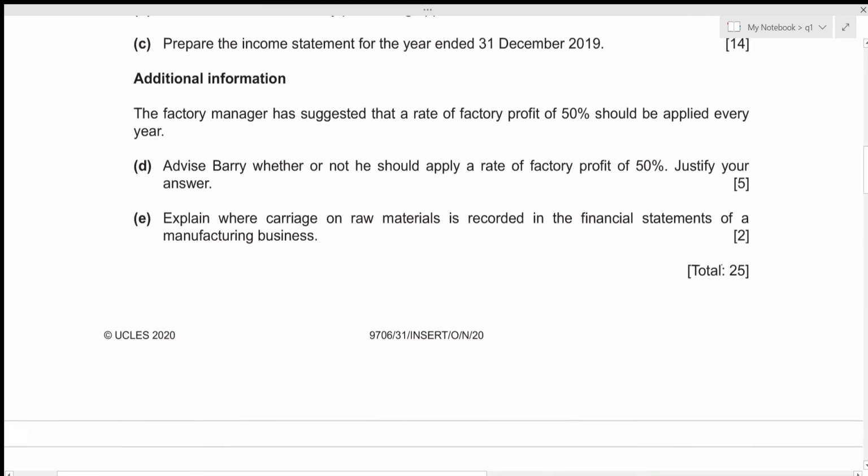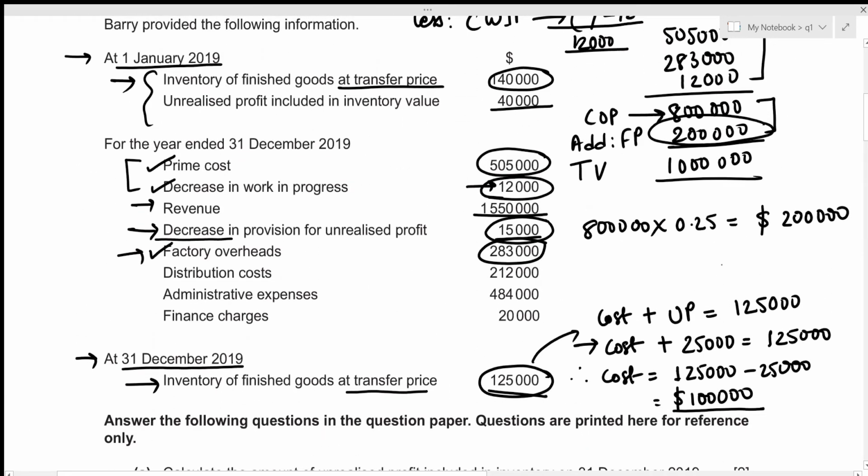Let's have a look above. Okay, we can see that there is a decrease in provision for unrealized profit, and we know that the increment in provision for unrealized profit would be treated as an expense, which means that the decrement in provision for unrealized profit should be treated as an income. So we need to add this amount of 15,000 to our gross profit. Let's do that.